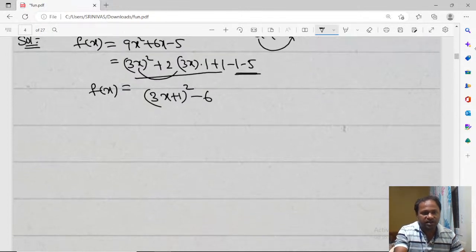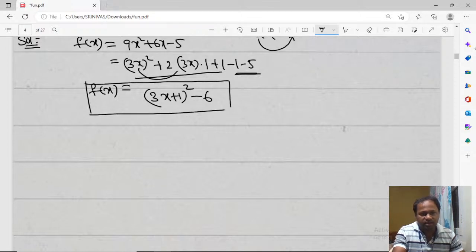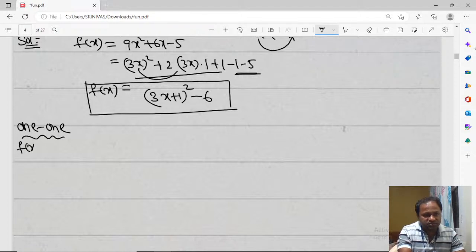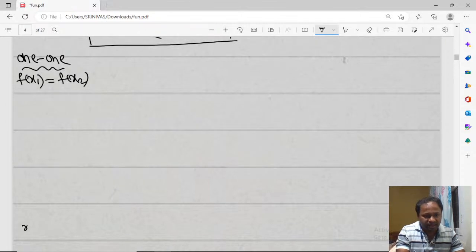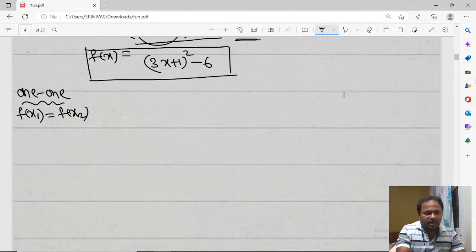Now the procedure will start. So how to do the procedure for f of x? One-one. So one-one function I will do. So f of x1 is equal to f of x2. What I need to prove? x1 is equal to x2. It is very easy. So f of x1 means 3x1 plus 1 whole square minus 6 is equal to 3x2 plus 1 whole square minus 6.